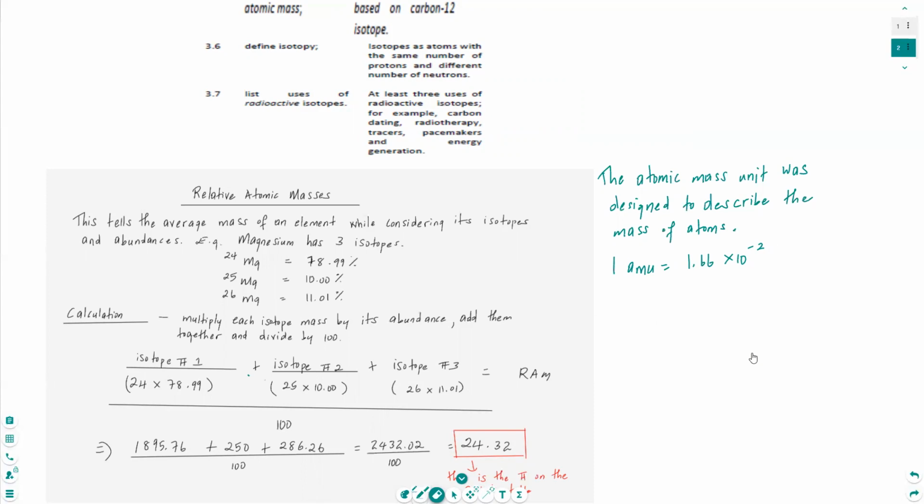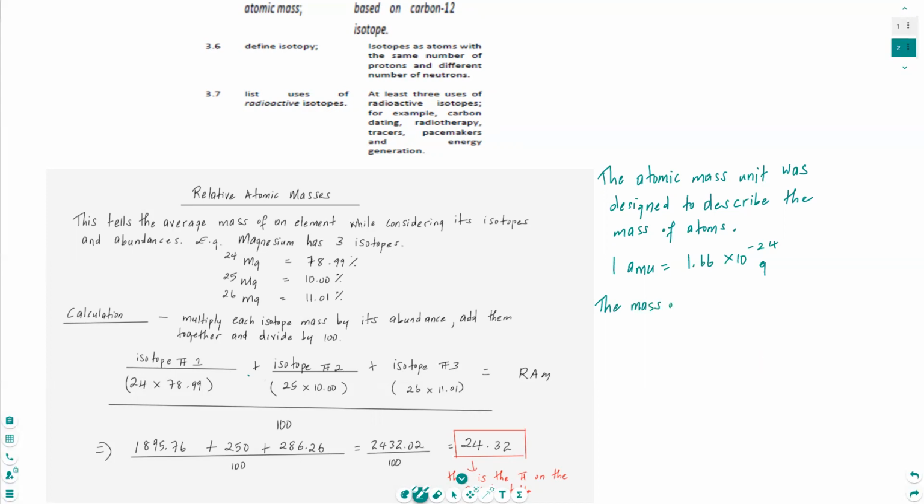So imagine if we were to keep writing the mass of the atom in grams, we'd have to keep using these big numbers. So instead of having to use these big numbers, we devised our own unit called the atomic mass unit to deal with our atoms, all right? Now, what they did also was that they tried to measure the mass of one specific atom. So they measured the mass of carbon-12.